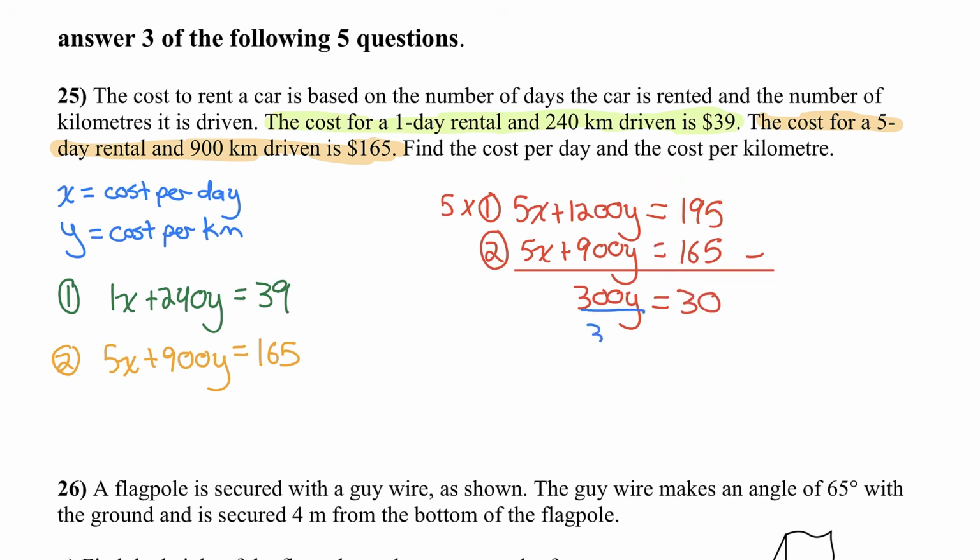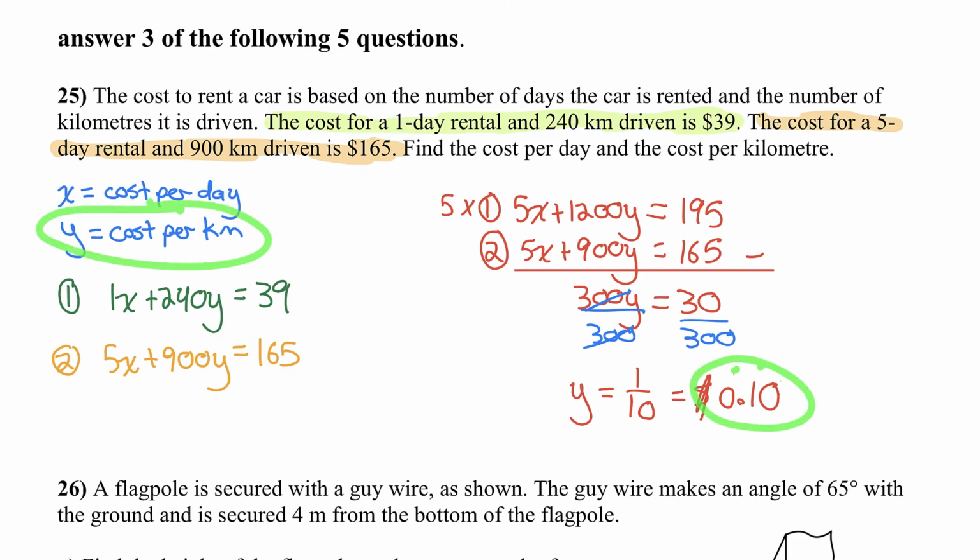Isolate y by dividing both sides by 300, so that gives me y equals 1 over 10, which is 0.1, or in the context of this question, I'll write it as $0.1, which is 10 cents. So that means my cost per kilometer is 10 cents.